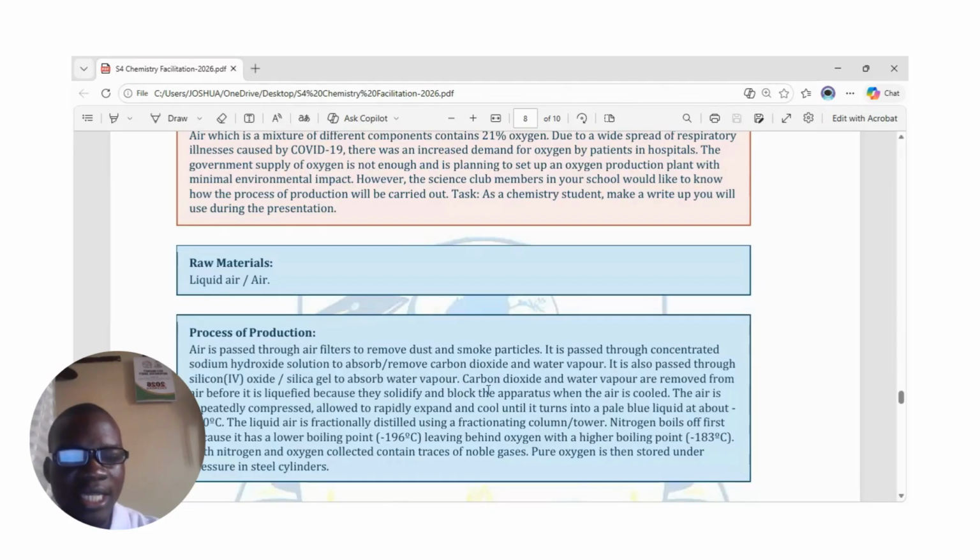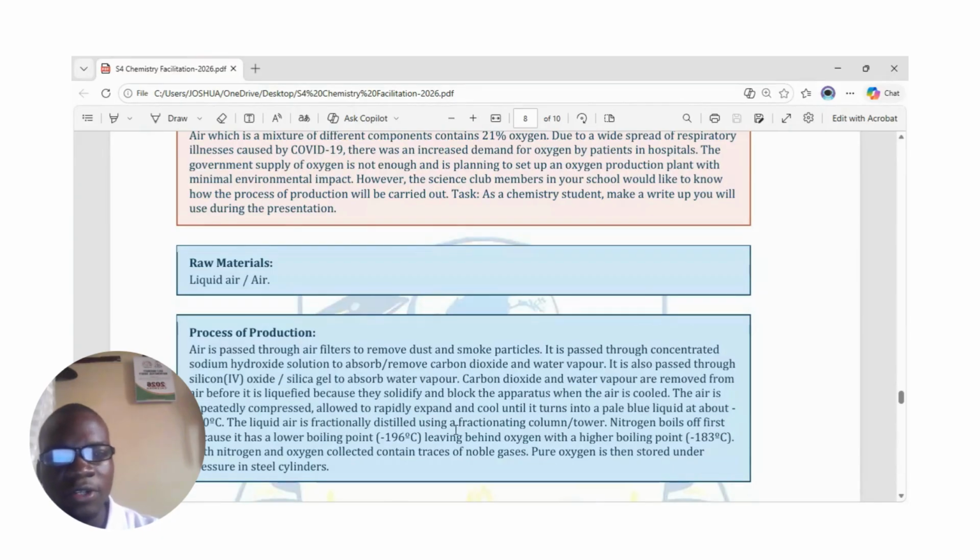Then you go on and tell us carbon dioxide and water vapor are removed from air before it is liquefied because they solidify and block the apparatus when the air is cooled. The air is repeatedly compressed, allowed to rapidly expand and cool until it turns into a pale blue liquid at about -200 degrees Celsius.